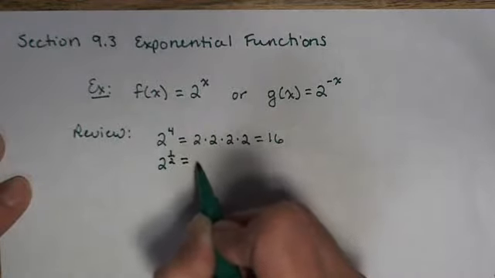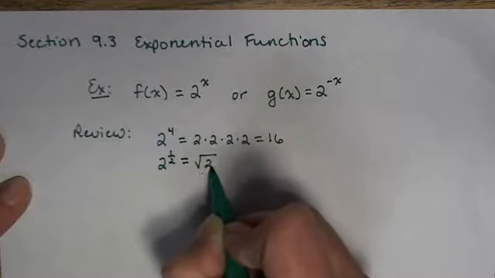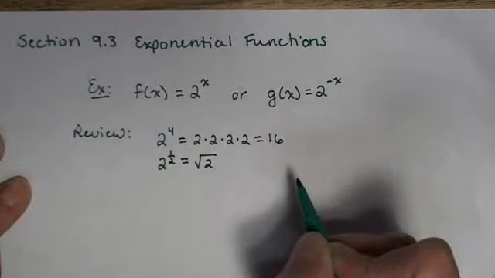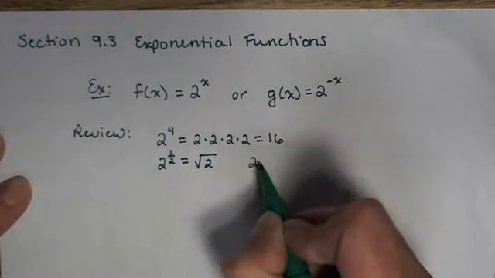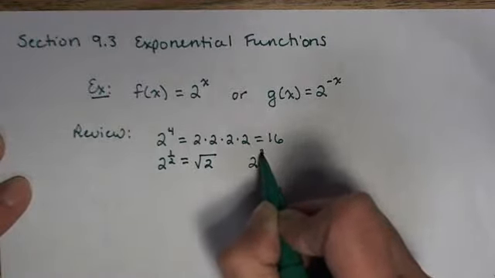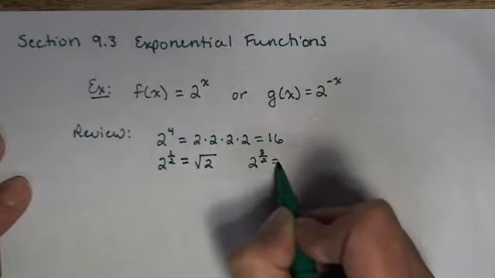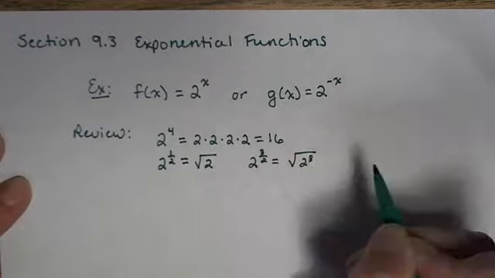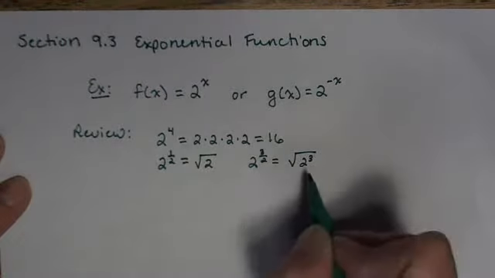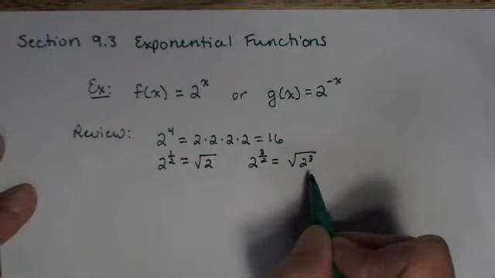Another way to think of 2 to the 1/2 would be the square root of 2. Or we could also look at, say, 2 to the 3/2, which would be the square root of 2 cubed. Again, lots of different square roots that we could come up with when we're dealing with exponents.